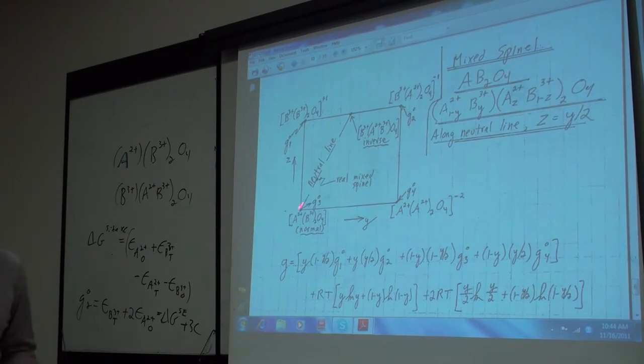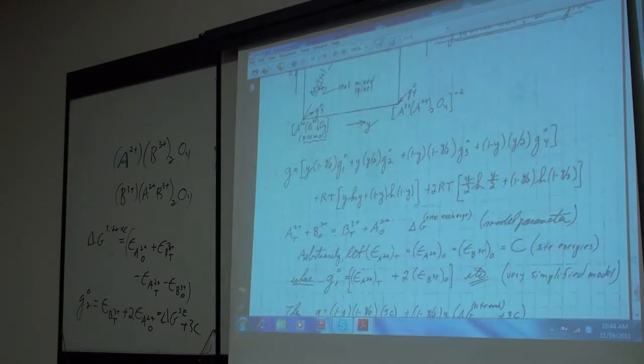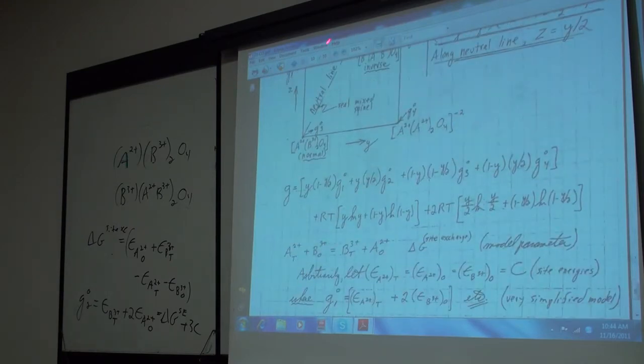I think he took AB2O4, and what he did was he found out where you were on this line not by fixing the G's, but by fixing these L parameters, the second nearest neighbor parameters. And he showed that actually you could end up with exactly the same mathematical expression as this in this Fe3O4 system, but it's not the same when you go up to the multi-component systems.